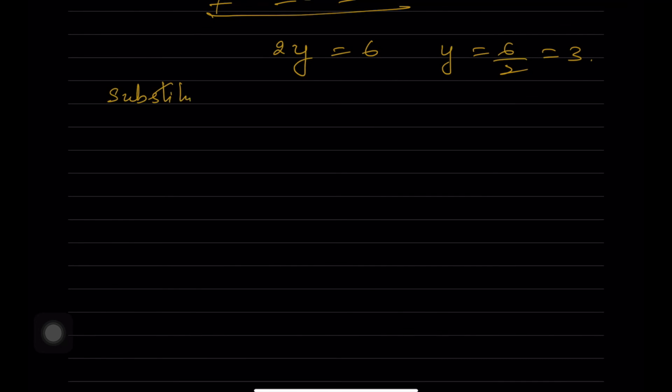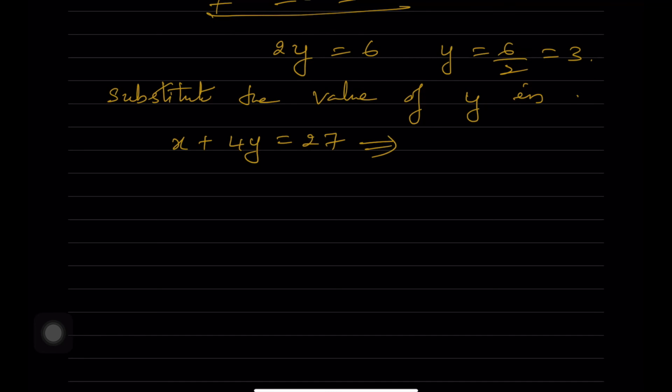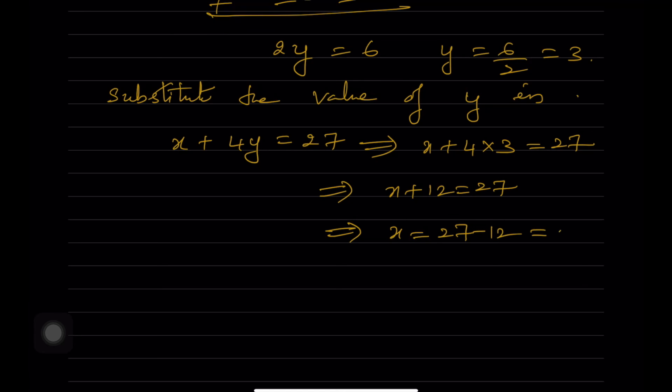Now substituting this value of y in x plus 4y is equal to 27, you get x plus 4 into 3 is equal to 27, or x is equal to 27 minus 12, which is equal to 15. So x is equal to 15. So the fixed charge is 15 rupees and the charge for each extra day is 3 rupees.